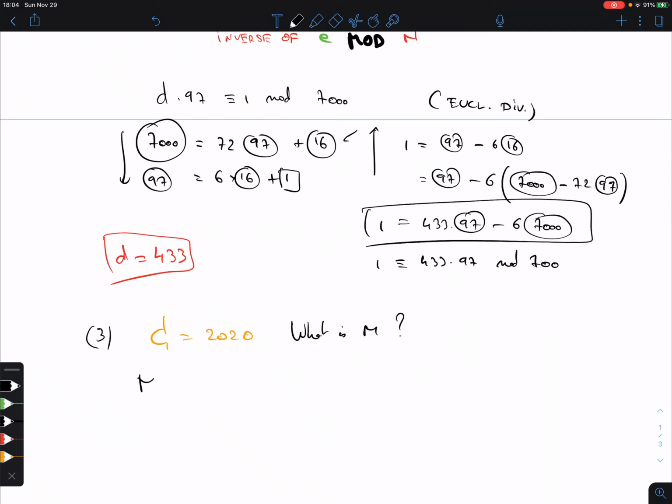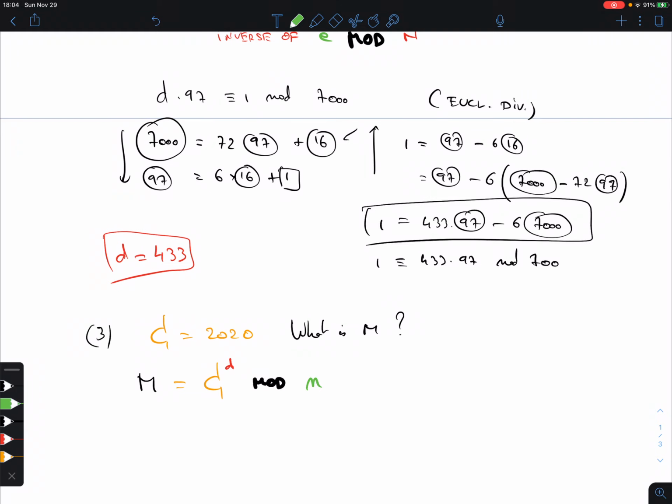To find the original message, she takes the encrypted message, applies her secret exponent, and takes again the residue modulo the modulus that everybody can see, so modulo n. So in our case, she takes 2020, puts it to the power 433 modulo n, and n was 7171, right? Okay, so now we have to calculate that.